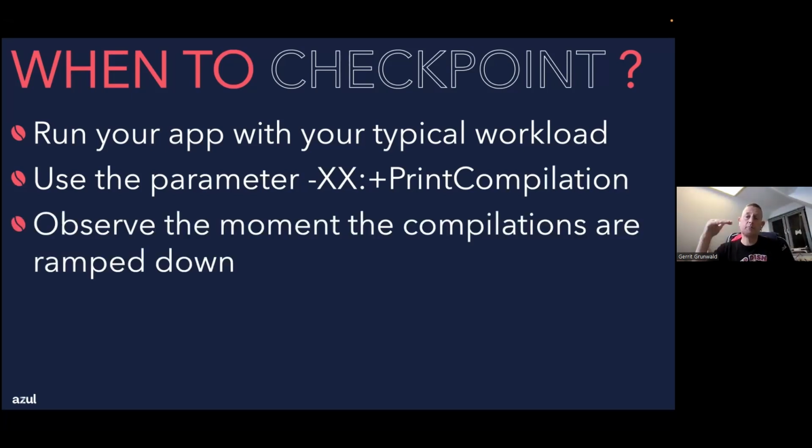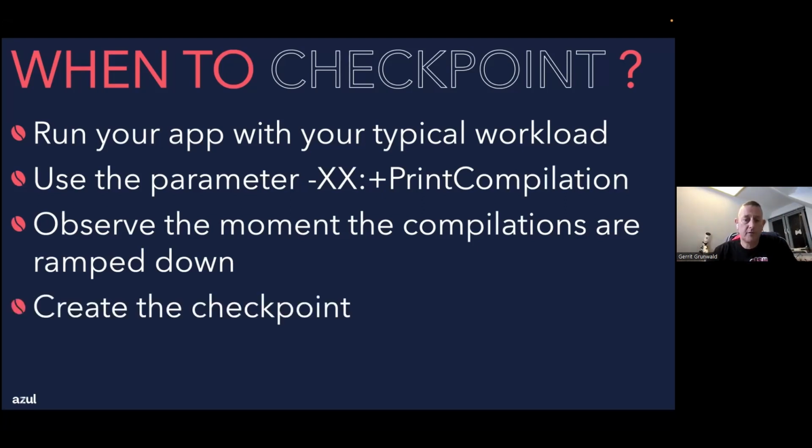But if you observe the moment the compilations ramp down, because at one point most of the compilations are done, and that means if the compilations are done, the optimizations are also done, and then the code starts to settle at high performance. And this is a good point in time to create a checkpoint, right? This is just our suggestion. I mean, some companies also use code to warm up their application.